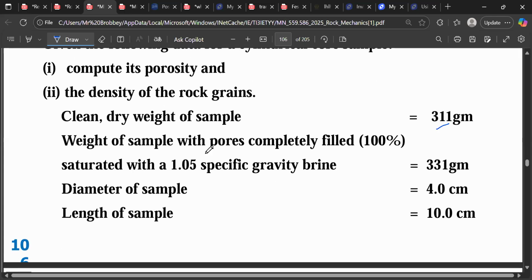The weight of the sample with pore completely 100% saturated with a fluid of specific gravity 1.05 is 331 grams. The diameter of the sample is 4 centimeters and the length of the sample is 10 centimeters.